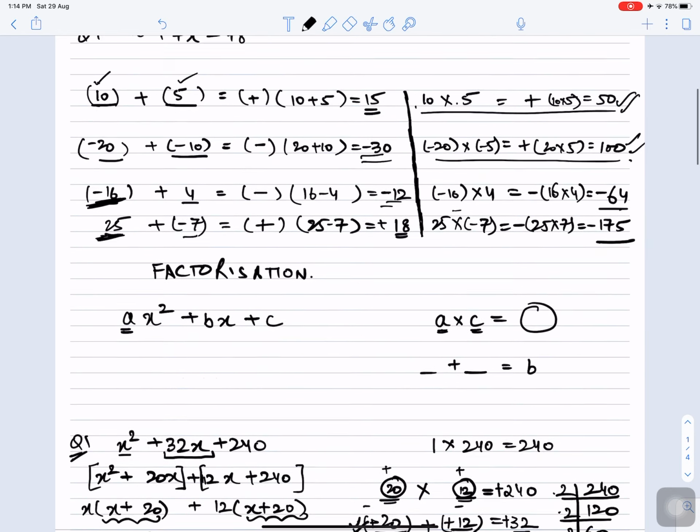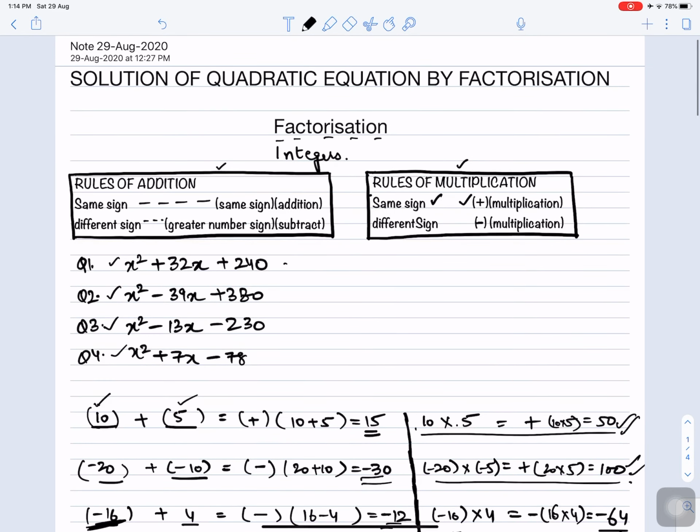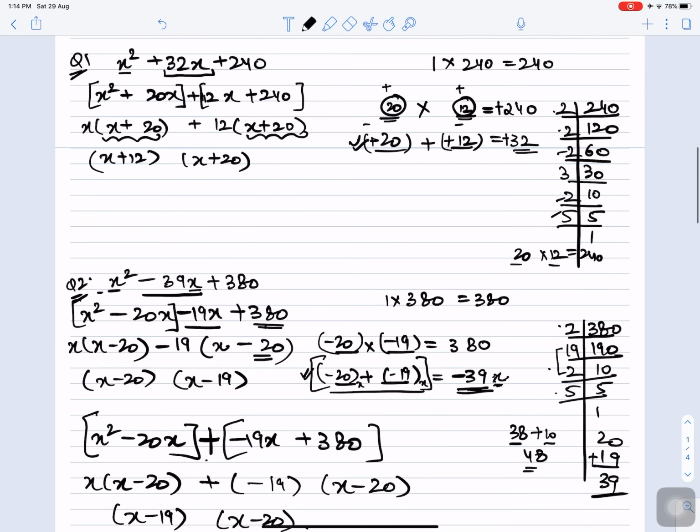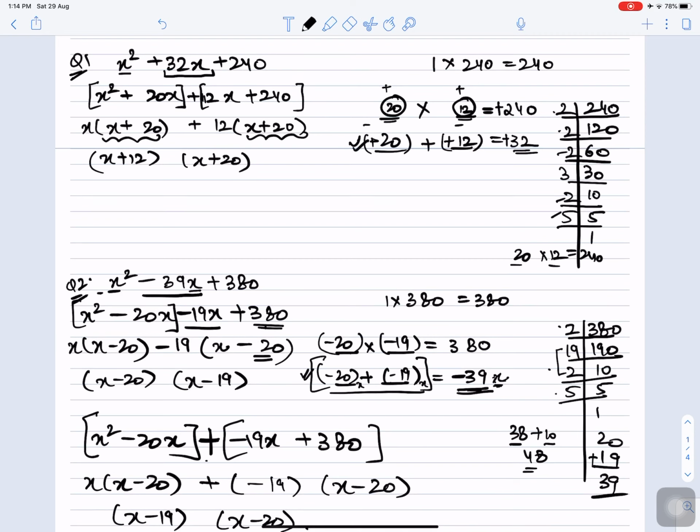But what is the funda of this video? In this video I will explain the solution. I have not reached the solution yet. My solution appears when we solve the question. Since the question says solve the quadratic equation by factorization method, how will you solve? Solve means you have to find the roots.